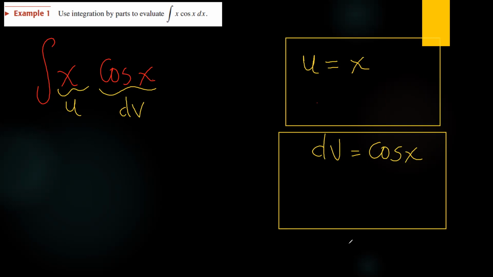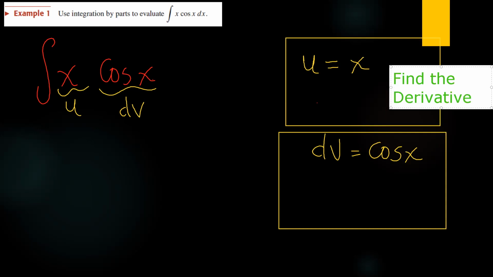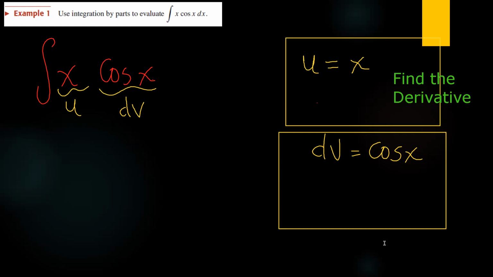For u, you have to find the derivative, du. If u is x, the derivative of u will be 1. And since I differentiate with respect to x, I have to say dx. So this is u and this is du.